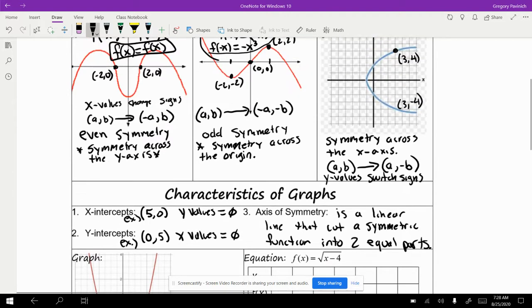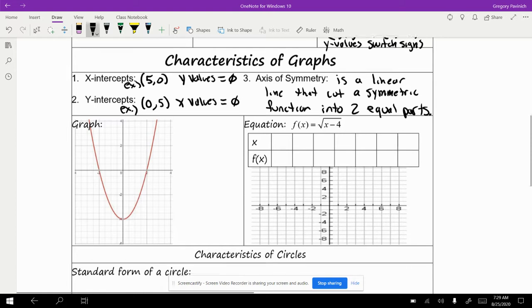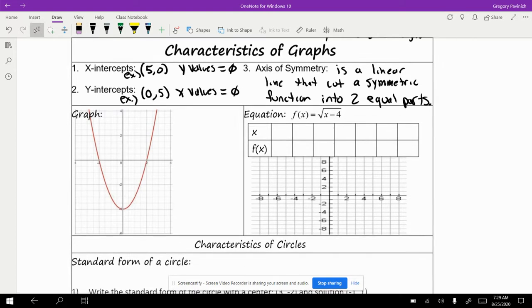So if you notice back up here on this x-axis, this would be the axis of symmetry. It would be y equals 0, the symmetry line. If you notice below on the graph of this quadratic, I would have an axis of symmetry line that would go through x equals 0.